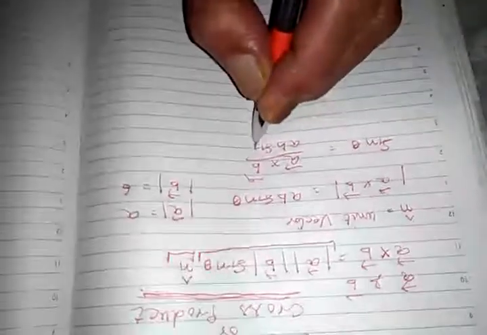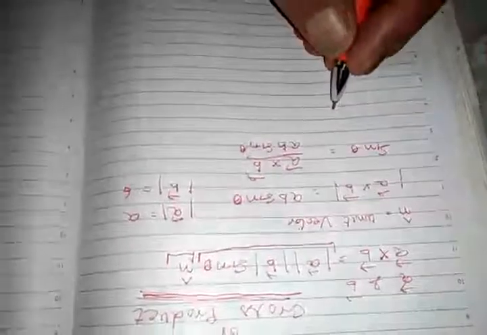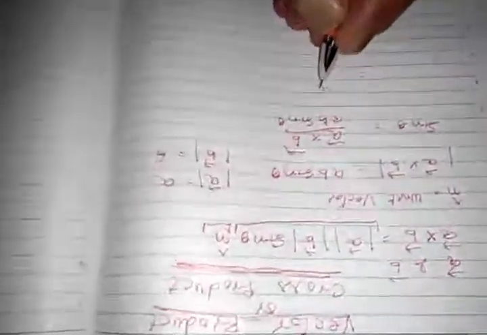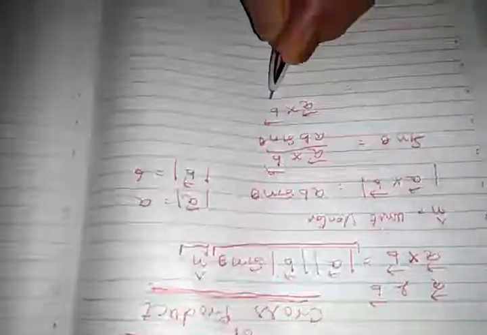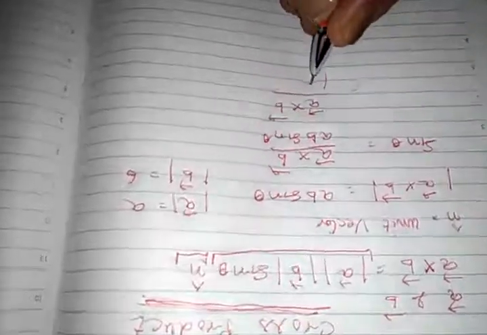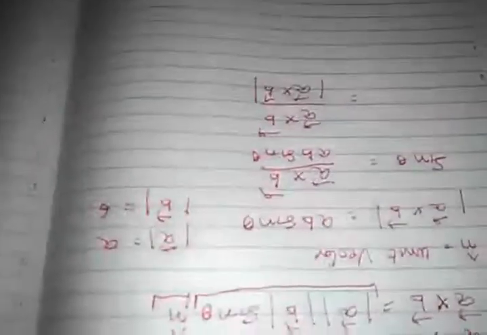So what is AB sin theta? AB sin theta is the magnitude of A cross B. So this is equal to magnitude of A cross B over AB, the sine of the angle between these two vectors, right?